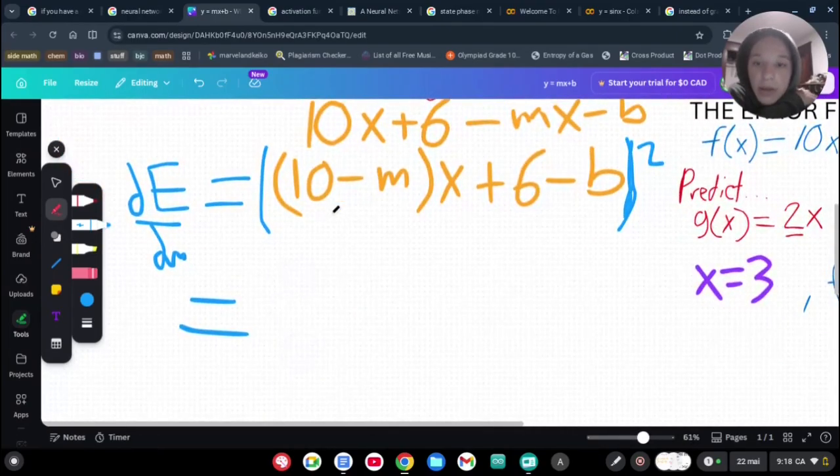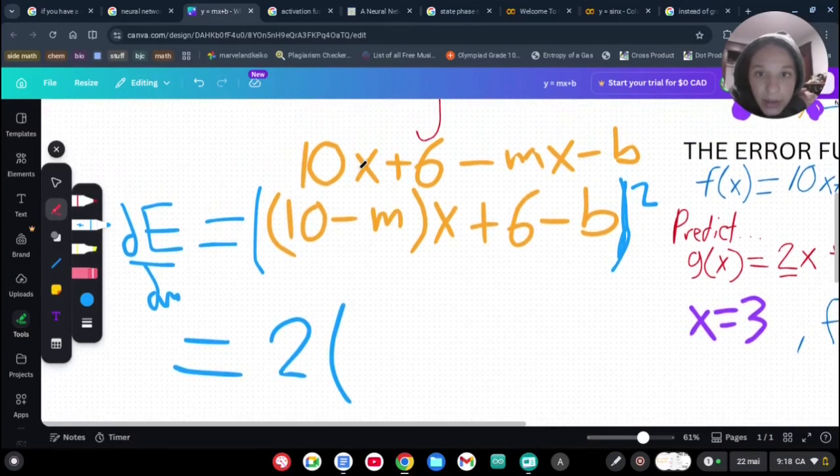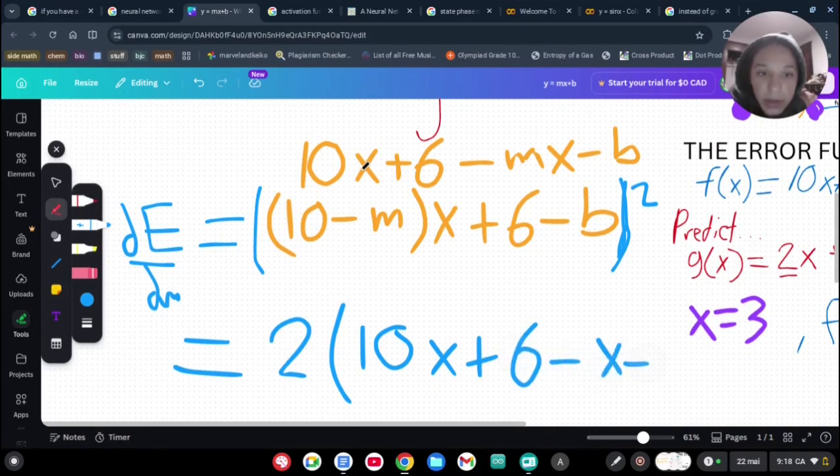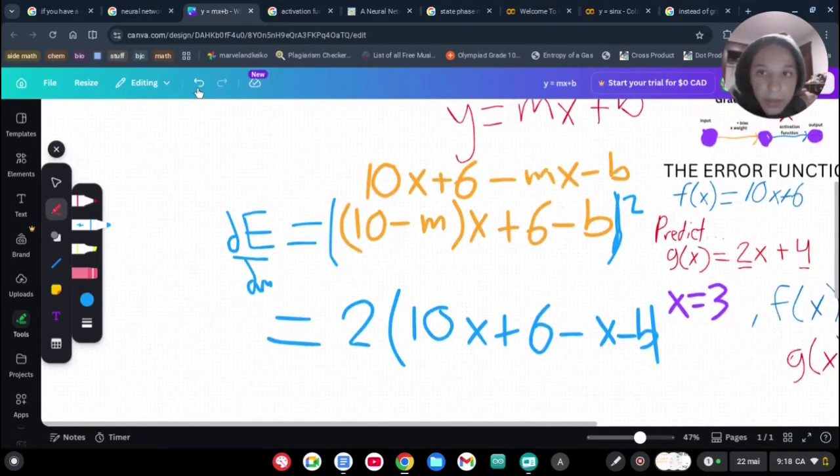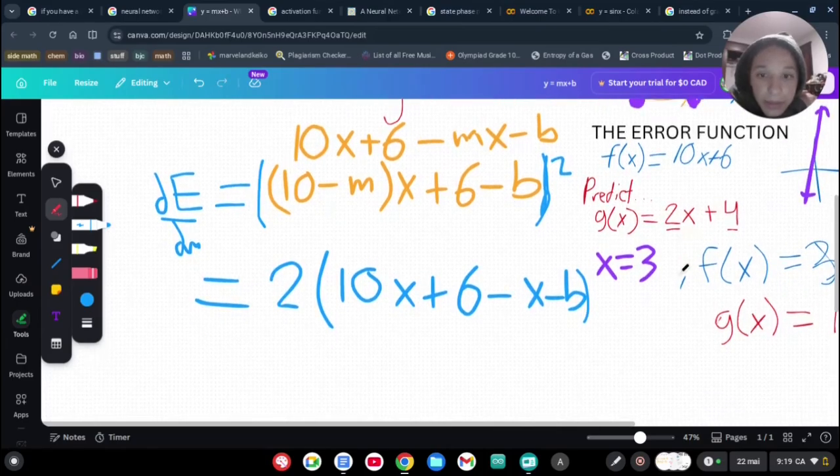So we have 2 times, I'm going to write this part in the long form, (10x + 6 - mx - b), times minus x.